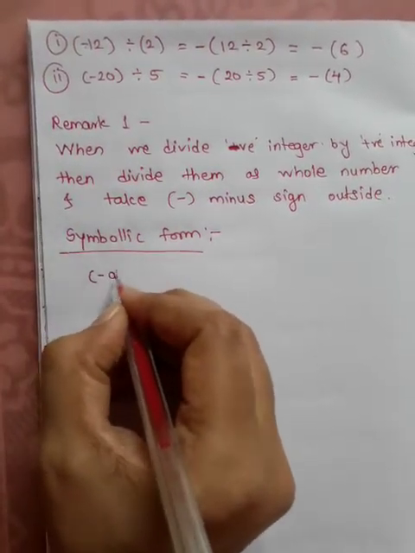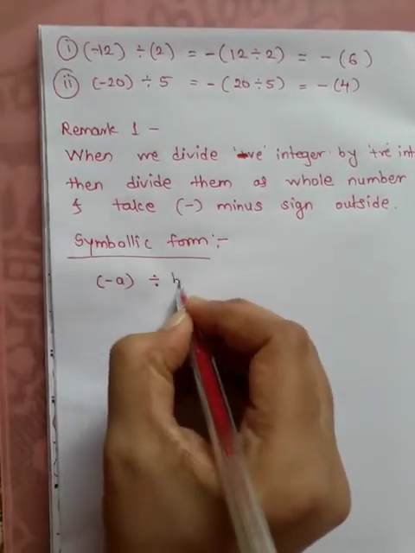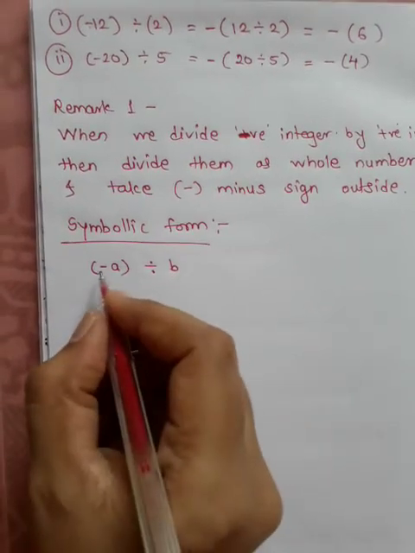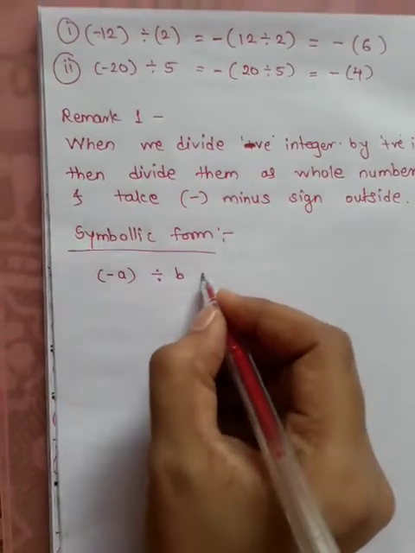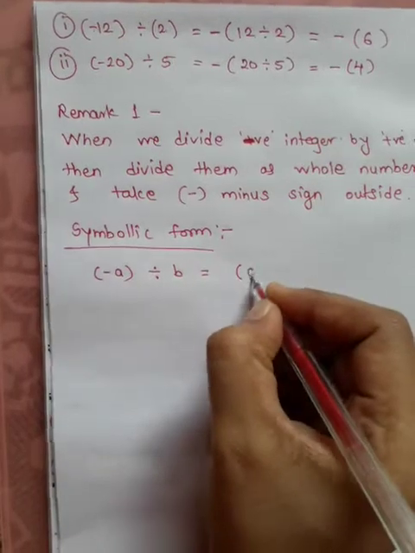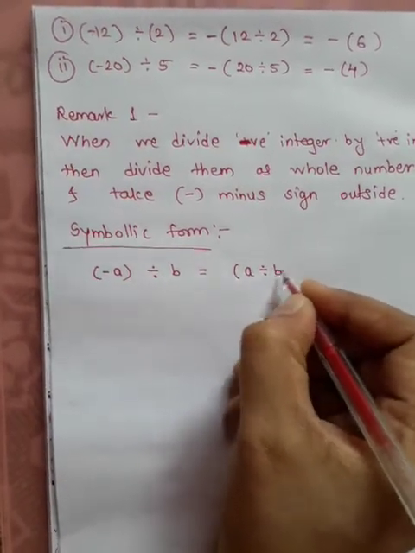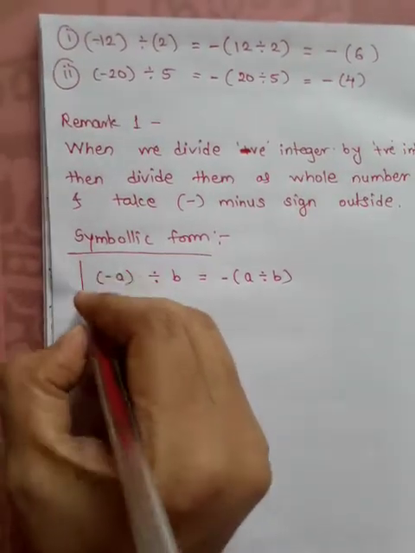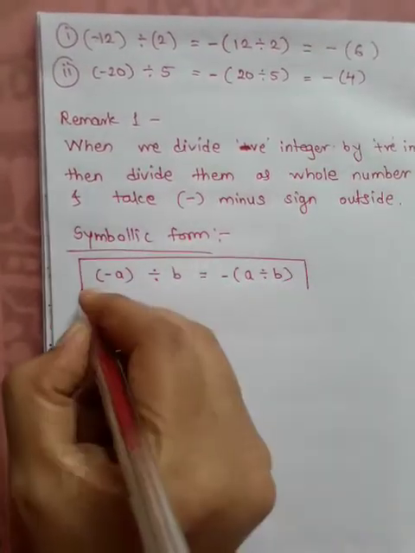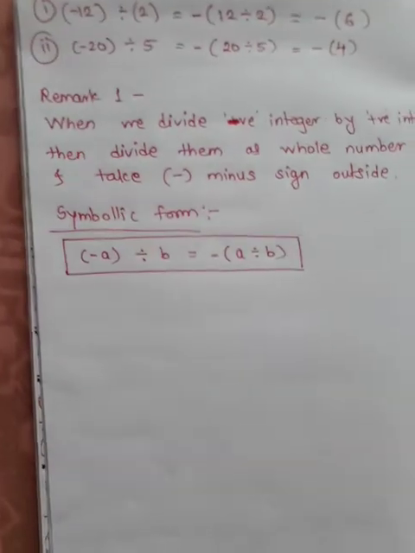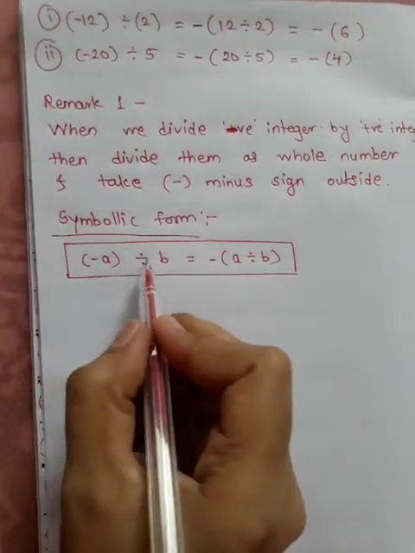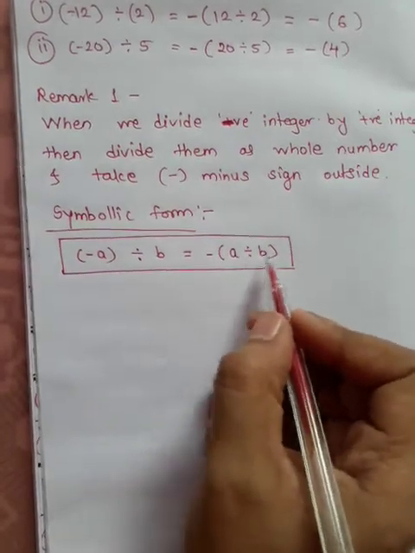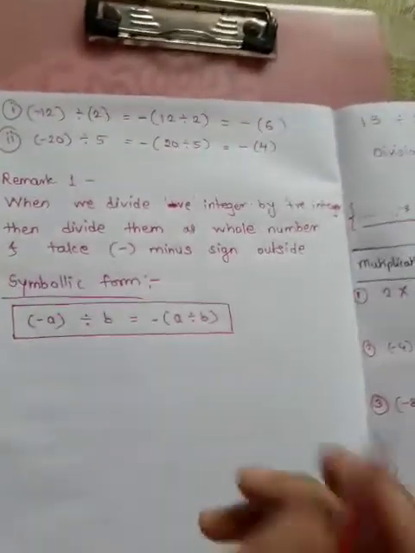When we divide a negative integer by a positive, minus a upon b, what will we get? We divide them as whole numbers and take the minus sign outside. Minus a divided by b gives minus of a divided by b. This is the first remark.